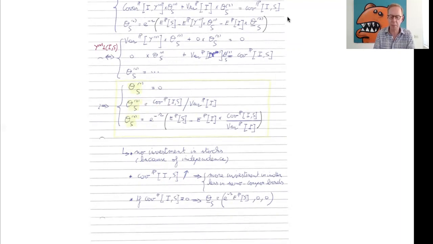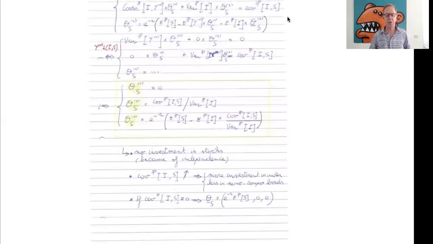So we will invest more in the index and less in the zero coupon bonds. So that means that, to repeat, the higher the correlation between the mortality in the national population and in the insurance portfolio, the more we invest in the survival index and the less we invest in bonds. This is quite intuitive, I would say.